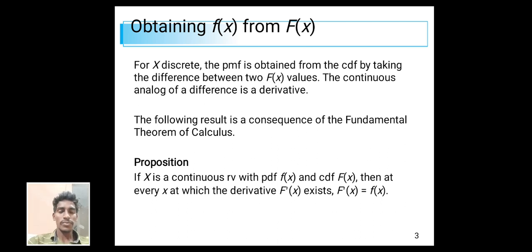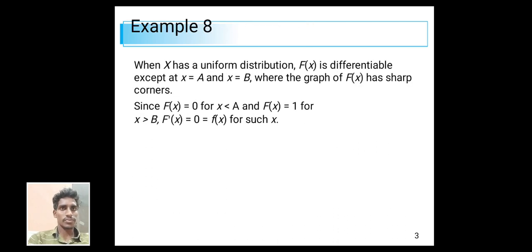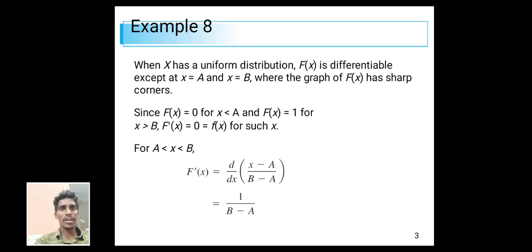Proposition: if X is a continuous random variable with PDF f(x) and CDF F(x), then at every x at which the derivative F'(x) exists, F'(x) equals f(x). You can also see the example: when X has a uniform distribution, F(x) is differentiable except at x equals a and x equals b, where the graph of F(x) has sharp corners.